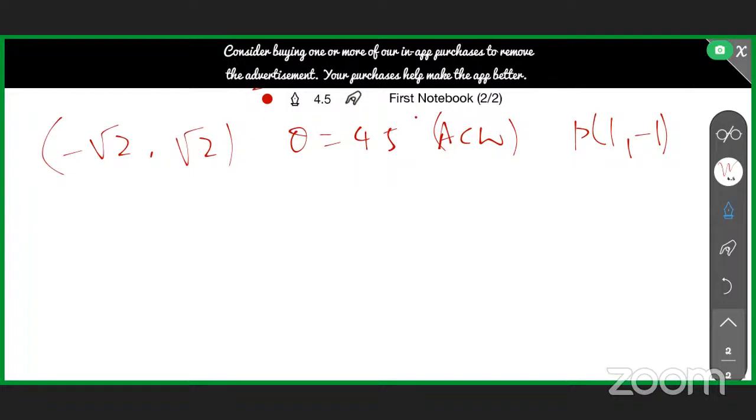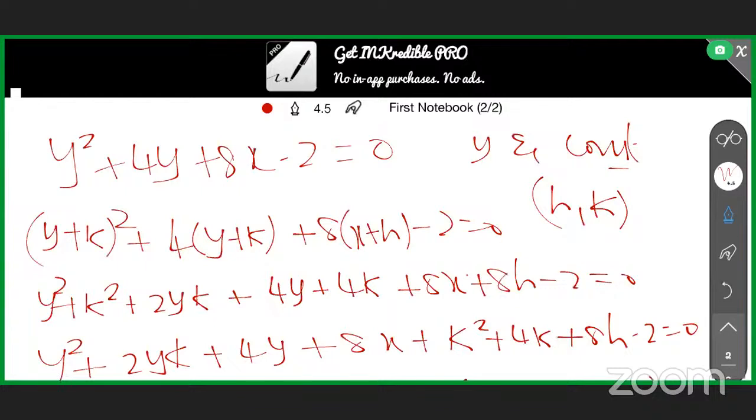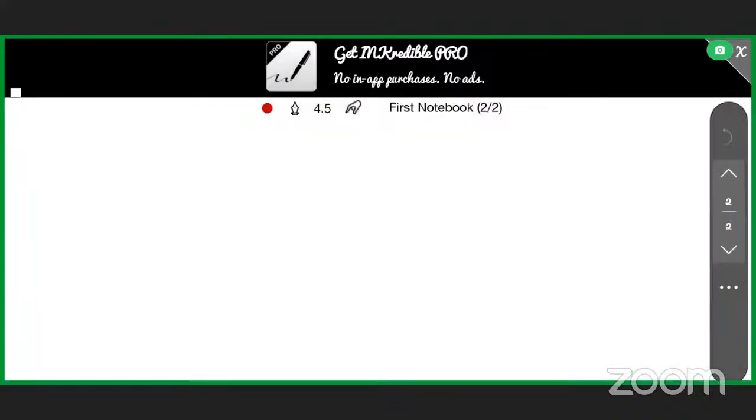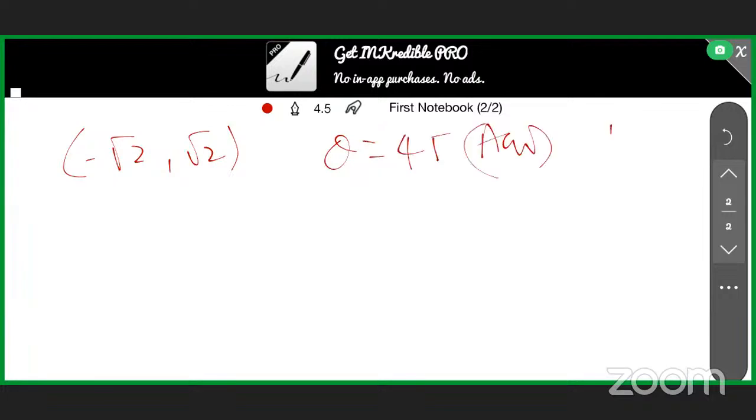When both translation and rotation are taking place, you remember I had given a note when I was explaining the general transformation. Yes or no? Yes, sir. I explained the note: minus root 2, root 2 is the shift, then theta is equal to 45 degrees anti-clockwise, and the point is 1 comma minus 1.